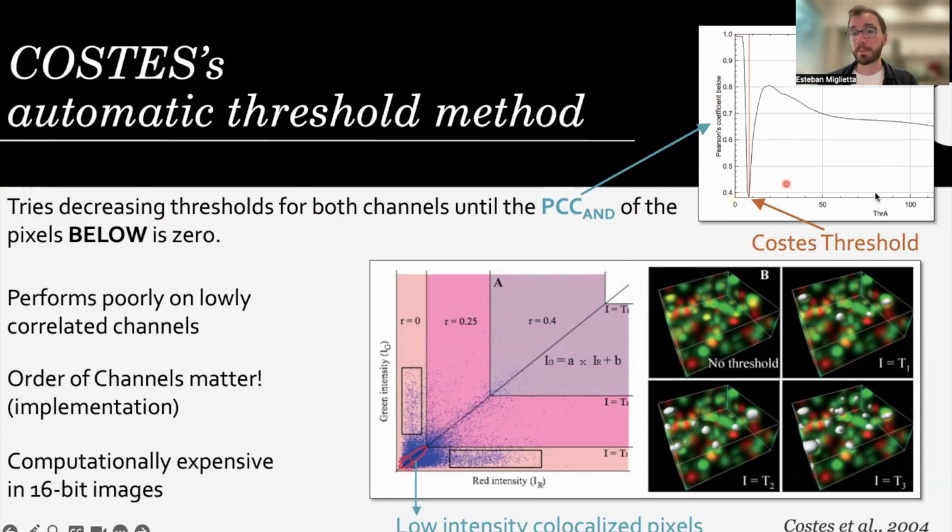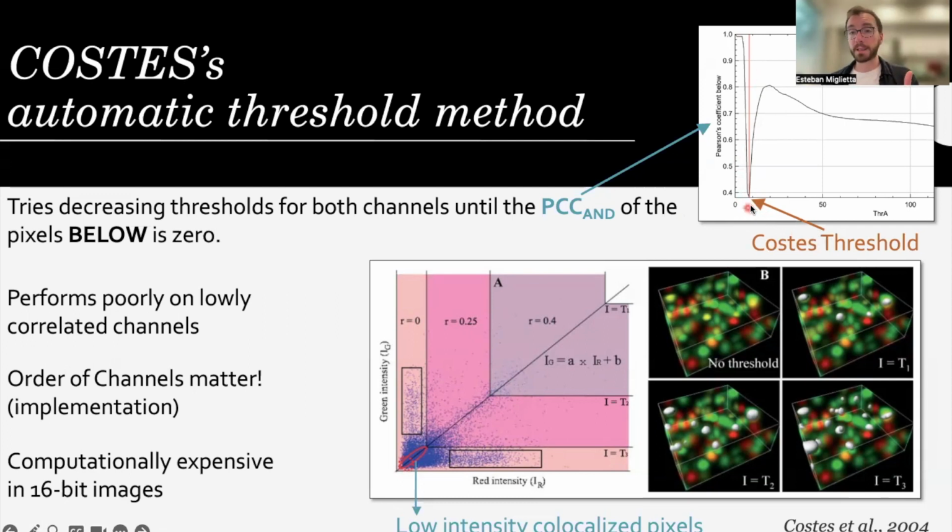So here, for example, you can see trying different threshold values and seeing what the PCC is for the pixels below that threshold. And at one point, it drops and reaches a value of nearly 0. So that's where this method draws the threshold.